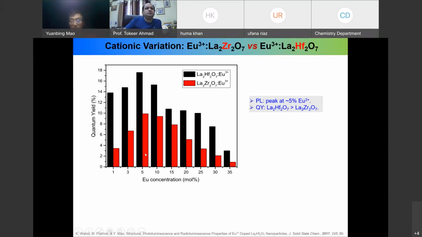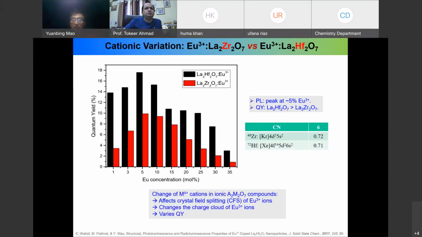So the question is why? Again, as I mentioned, if we look at the periodic table, zirconium-40 has this electronic configuration, and hafnium has this electron configuration. The most important thing is when their coordination number is 6, zirconium 4+ has a little bit larger ionic radius than hafnium 4+, right?